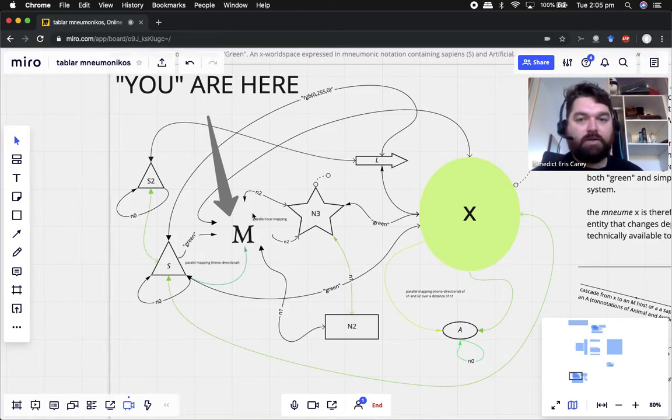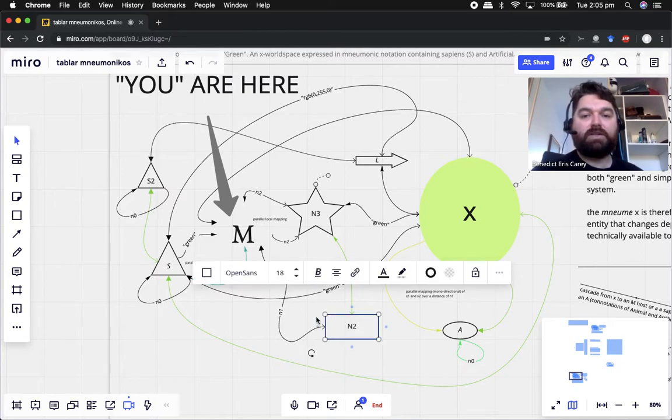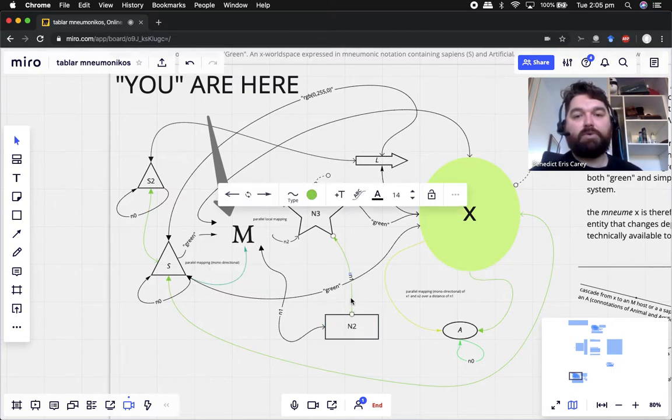We then use our mnemonic series, our understanding of what those mnemonics constitute, based on our fundamental concept of the mnemonic, which in this case could be green, and then N2 could, for example, be influenced by the color green, which we've learnt from here, and it's mutated within us.